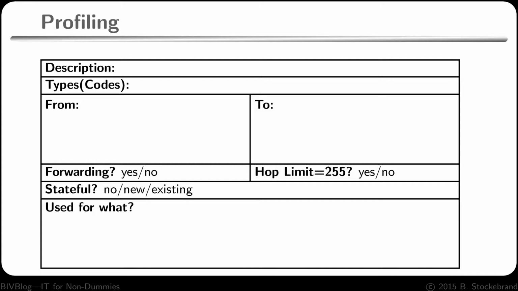Another thing that's really interesting and troublesome is: is this ICMP type associated with some sort of state, does it create some state, or is it stateless? This can be quite useful once implementations actually get a bit more powerful in that respect.